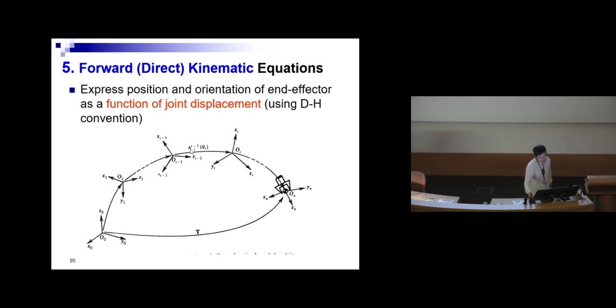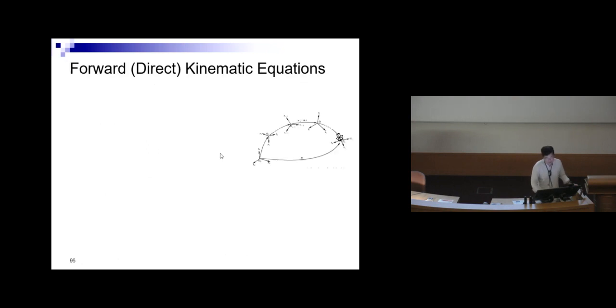For example, over here, the A_{i-1,i}(q_i) will represent the transformation. q_i can only have two values: if it's a revolute joint, it will be theta_i; if it's prismatic, it will be d_i. So this is the intermediate link transformations. And then with that, this is the end position, you want to determine the T over here that links the end effector with the base frame.